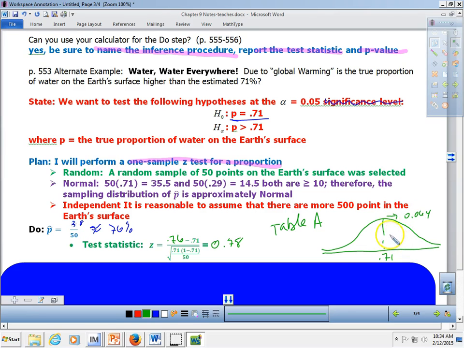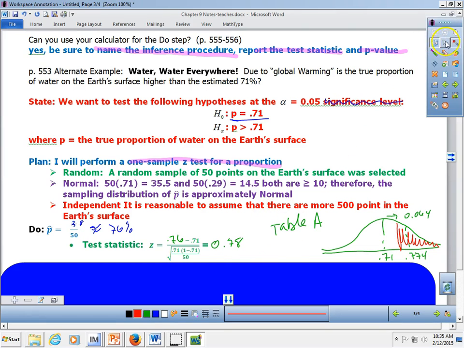So then to get to 0.76, I got to go here and add 0.074, right? So 0.76 would reside about right here, and I'm looking for evidence greater than. I'm looking for this guy all the way out here. Okay? So it's going to be a pretty decently sized p-value here.